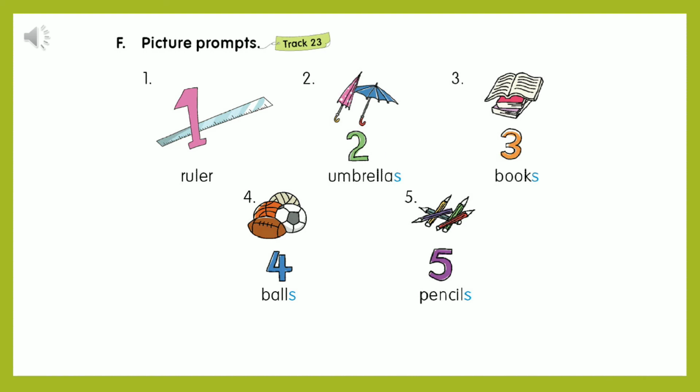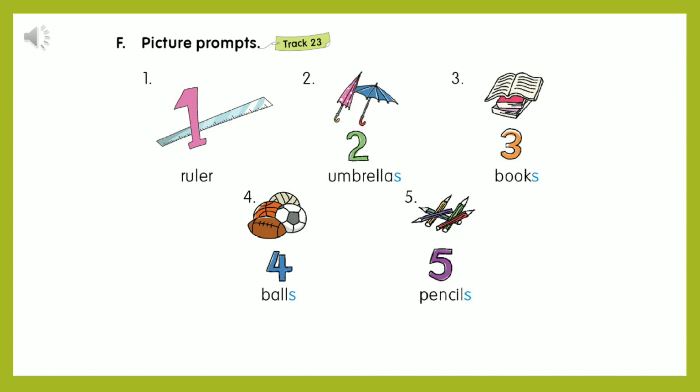Track 23. Talk chest. Page 40. F. Picture prompts. Number 1. How many rulers? 1. 1 ruler. Number 2. How many umbrellas? 1, 2. 2 umbrellas. Number 3.